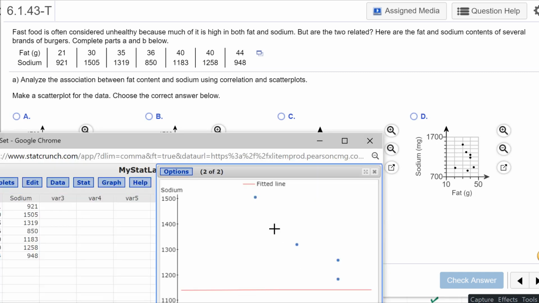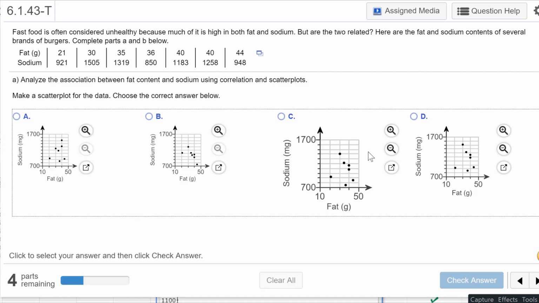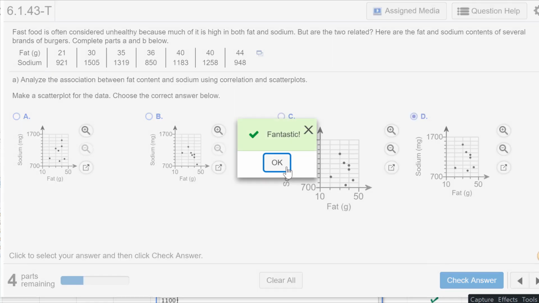So which one of these is at 15? That's mine right there, at about 1505 in this case. So it's the one that's at 1505, so this one here. Kind of a cheap shot in this particular example, I think. If you put the wrong one, you get a couple choices on this one. So D.